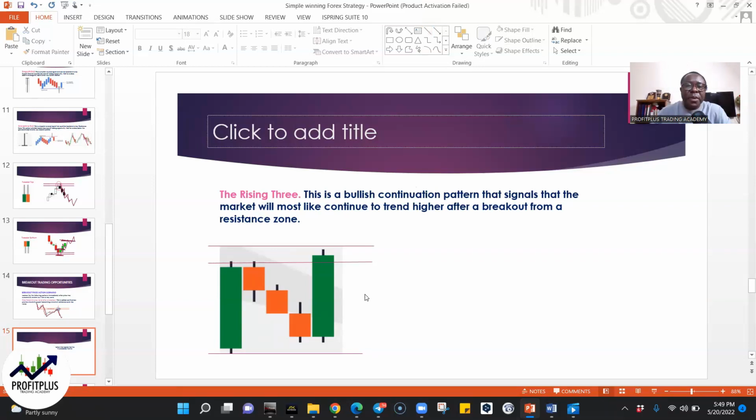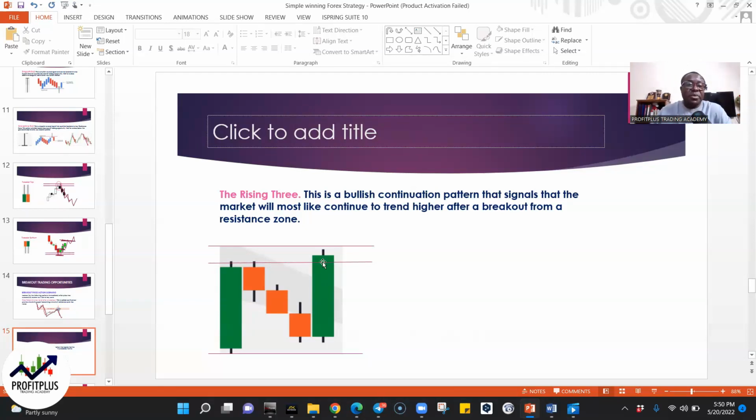Look at this. This bull candle will approach the resistance area, followed by the three short candles before you have another bull candle. These candles will not get to the low of this first bull candle. And then another bullish candle will push up and break this high, the previous high.